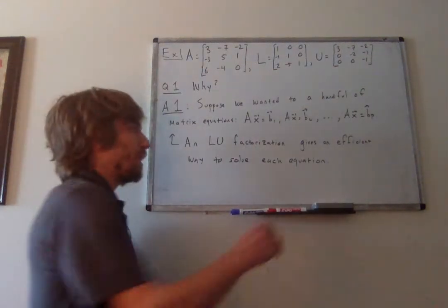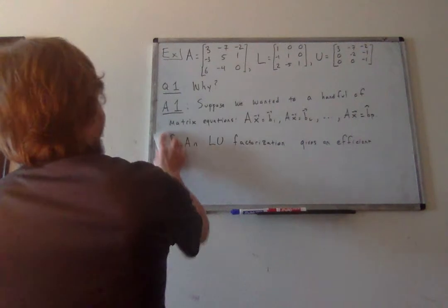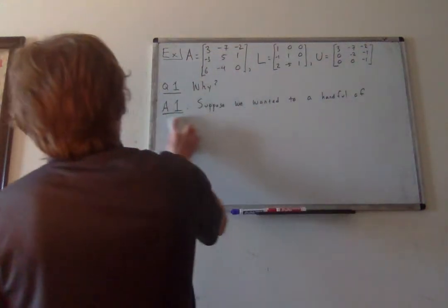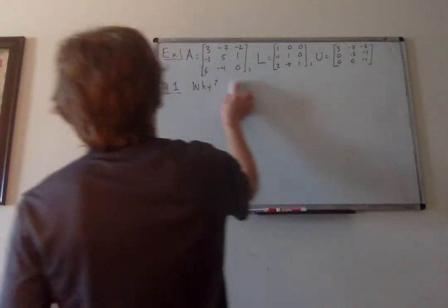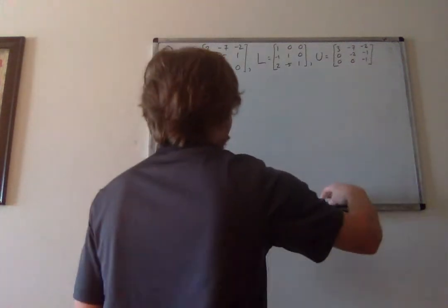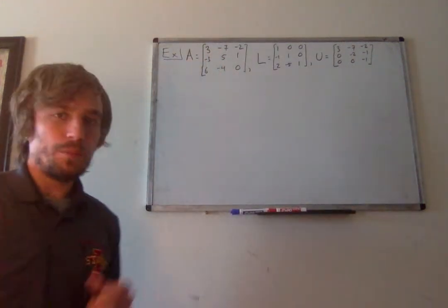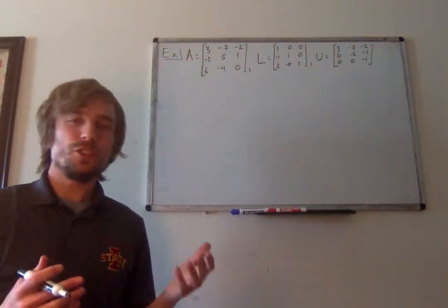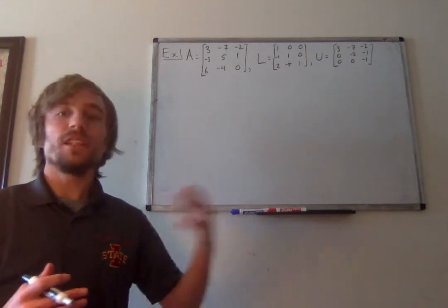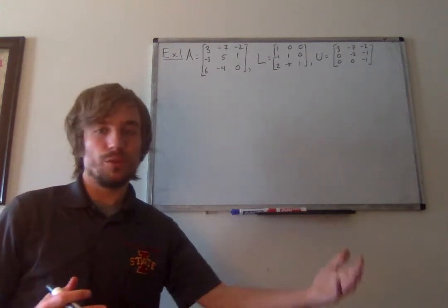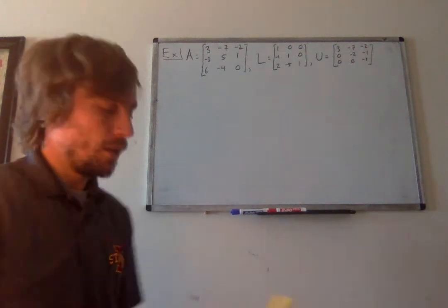What's funny about this is that doing this once is actually a relatively inefficient way to solve a matrix equation. But as I go, I'll explain why doing it many times, or if we had to solve many matrix equations, it would eventually prove to be efficient.